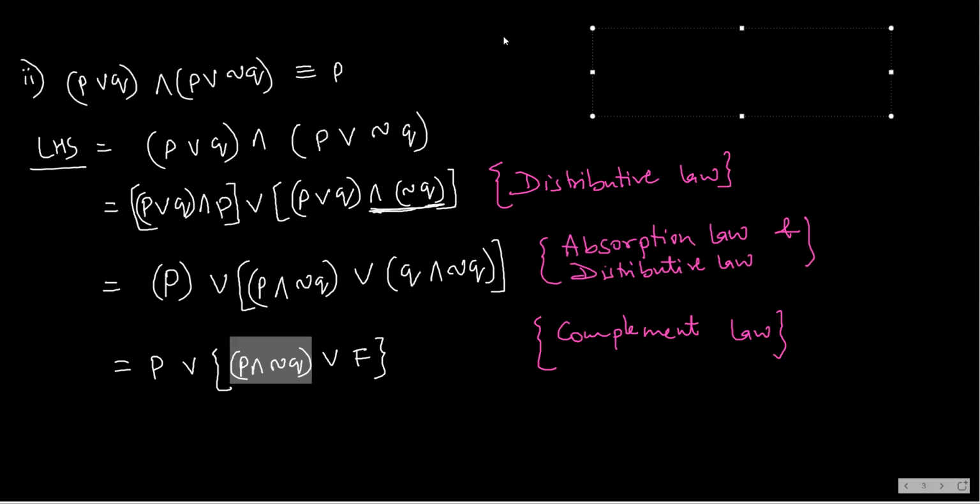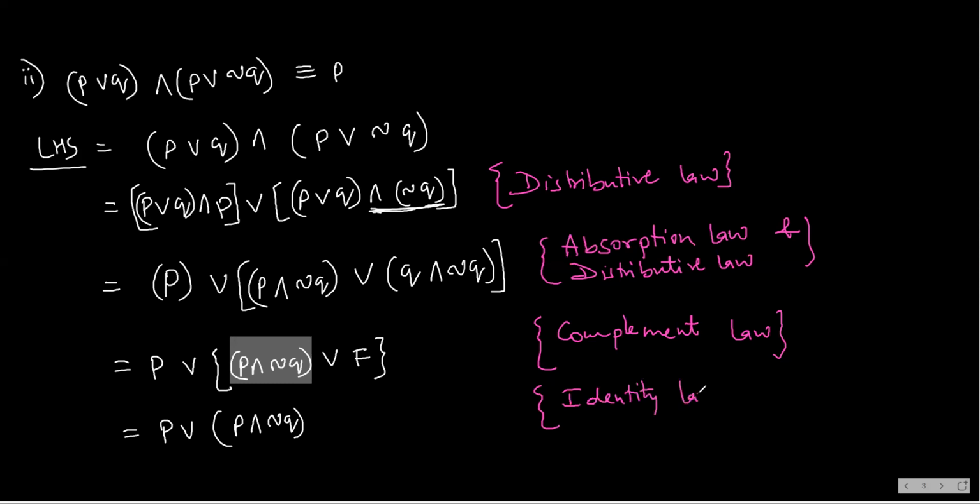So here you have this statement or false, so it will be P or P and negation Q. Which law did we use? We used the identity law.